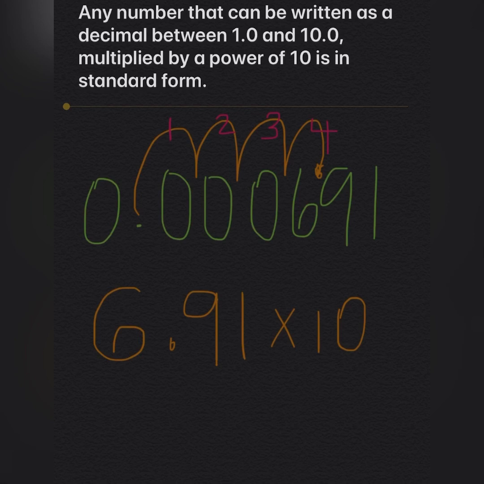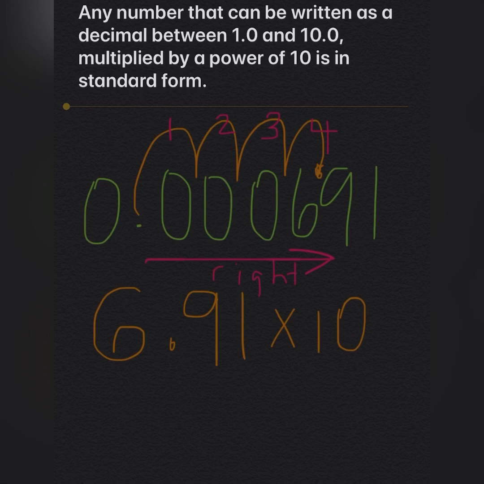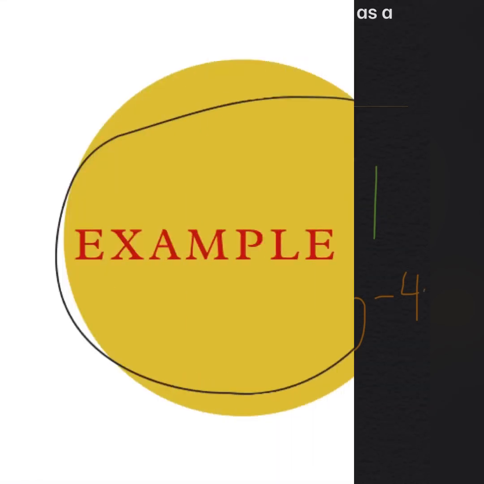We moved the point from here to here, and this direction is right. Whenever we move to the right, the exponent is negative. So it's a negative 4, and our answer is 6.91 times 10 to the negative 4.